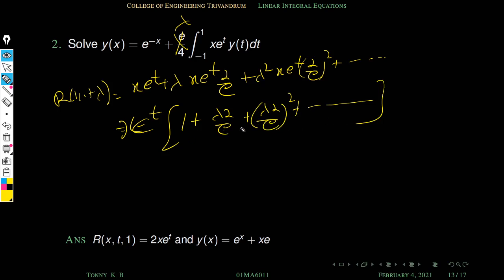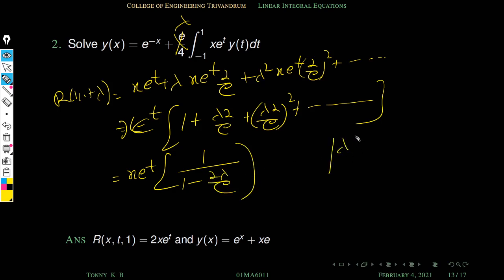What is the closed form of this infinite series? It is also of the form 1 plus x plus x squared, etc. So its closed form is 1/(1 minus 2 lambda/e), but this infinite series is convergent only when the modulus of the common ratio is less than 1. There is an extra condition, because we don't know the value of lambda.